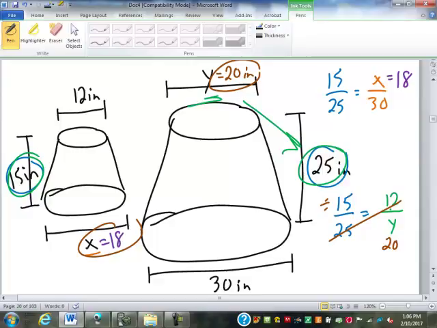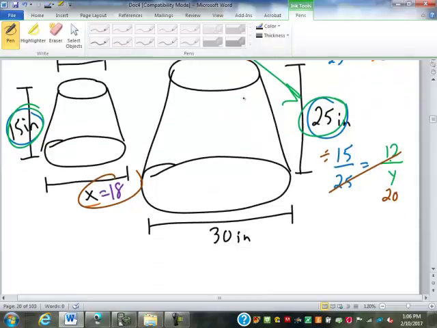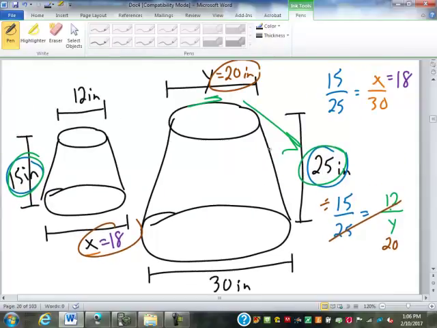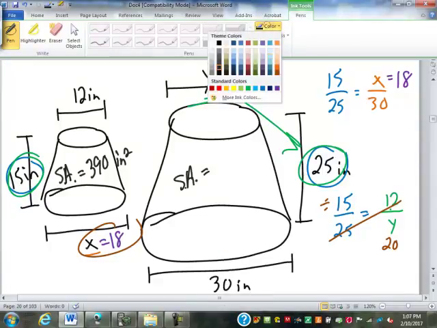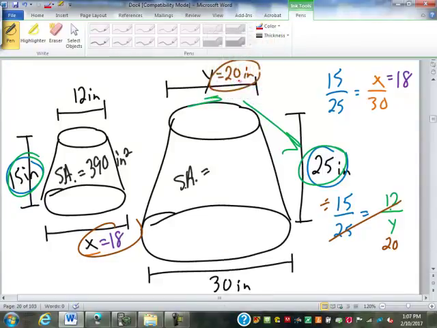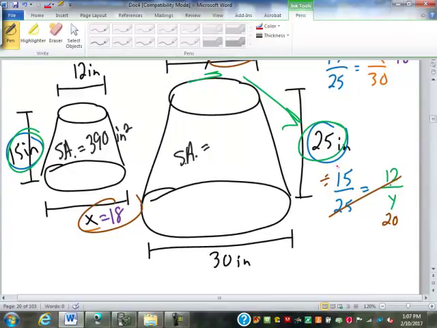So now, if I tell you the surface area of this one is 390 square inches, find the surface area of this one. Our ratio of lengths was 15 over 25.